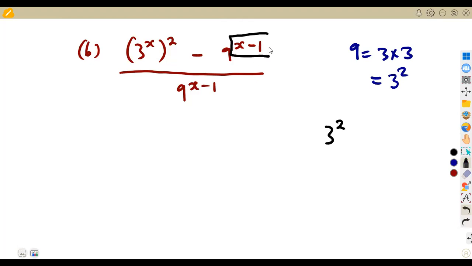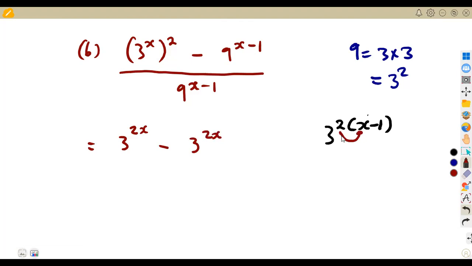But there is another exponent already affecting it, which is x minus 1. So whatever you have here is going to be affected by this x minus 1. So here we are going to have 3 to the exponent of 2 times x, which is 2x, minus 3 to the exponent of 2 times x, which is 2x, and 2 times minus 1, which is minus 2.